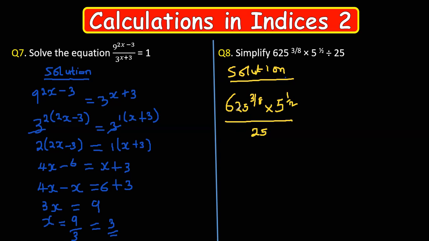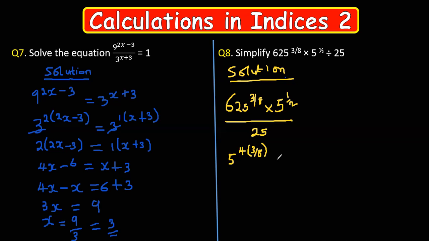So 625 raised to the power, expressing the base as 5, is basically going to be 5 raised to the power of 4, brackets 3 over 8. Close the bracket.